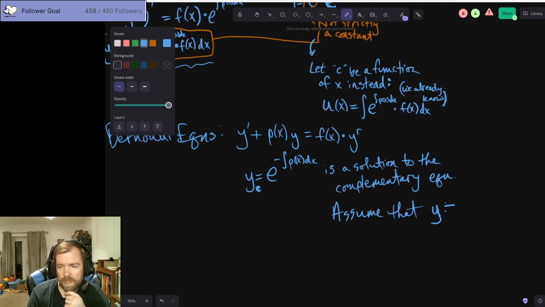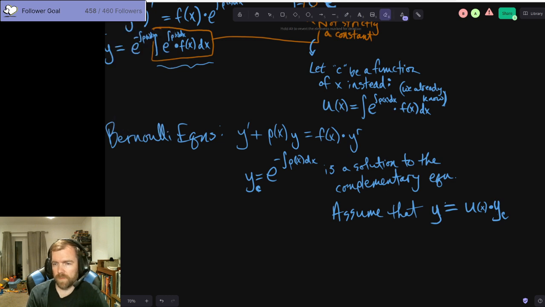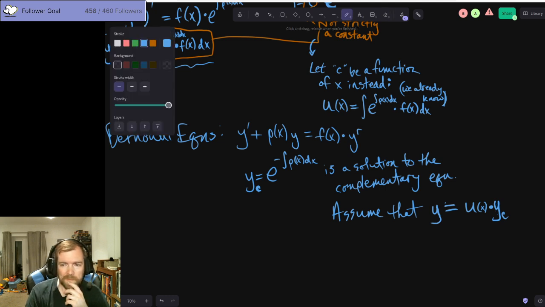Assume that y, the general solution for this, is going to be a function of x, u of x multiplied by y sub c.